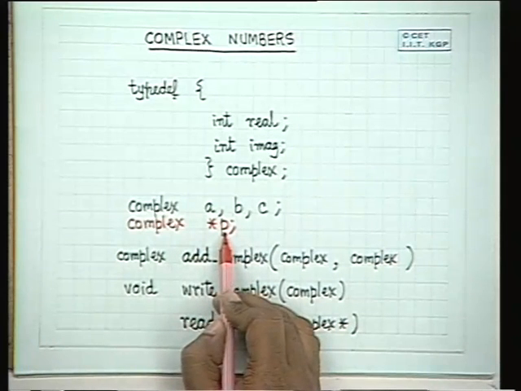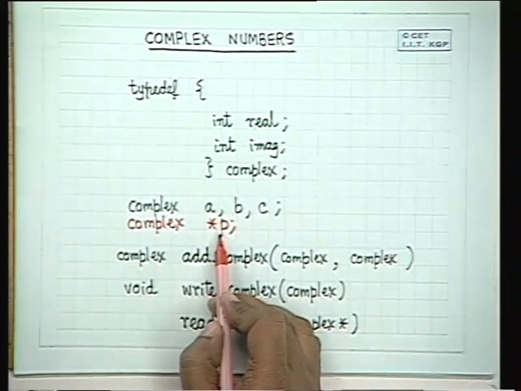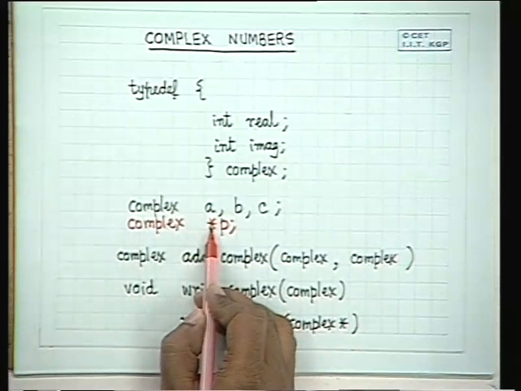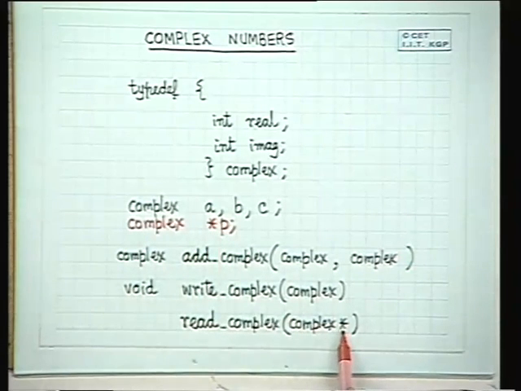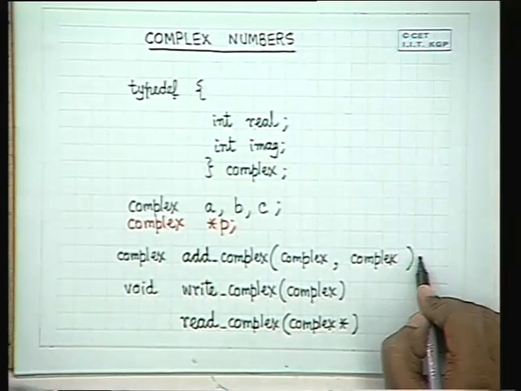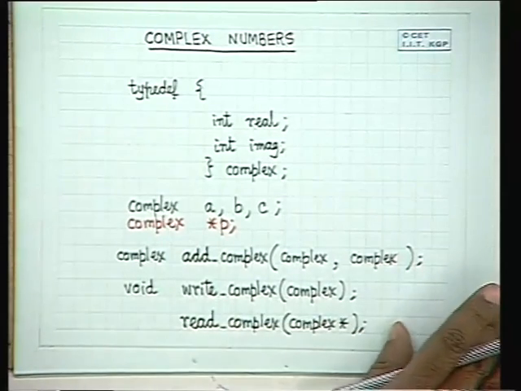This is a variable, alright, but it will take the address of a complex number. So its definition is complex star, the address, pointer to a complex number. So these are the three definitions that we will have, and now we are left to write down these routines.